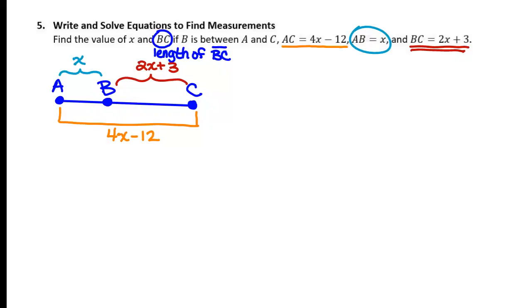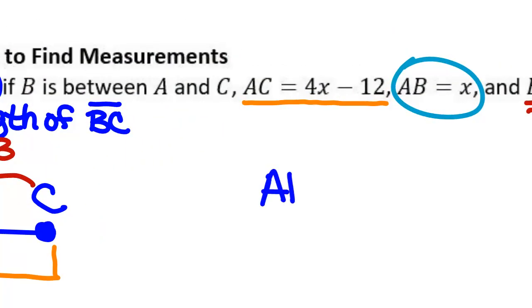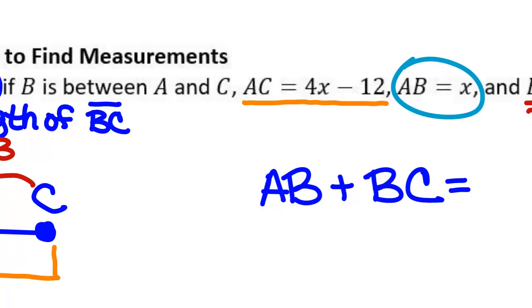X and 2x plus 3 are their measurements. You're looking at the right spot, but I want the names of the segments. AB is one of them, and BC. When I take AB and put it together with BC, what is the name of the larger segment?